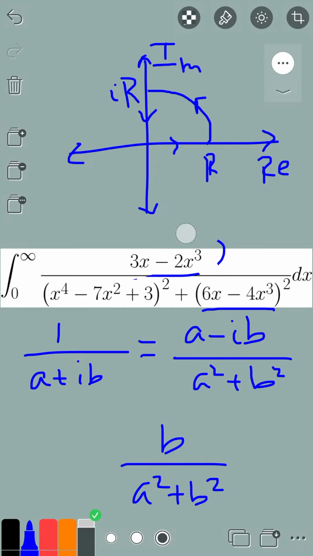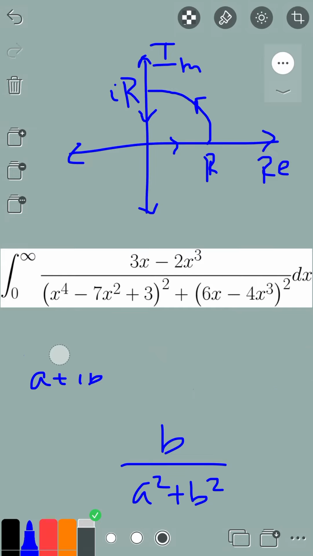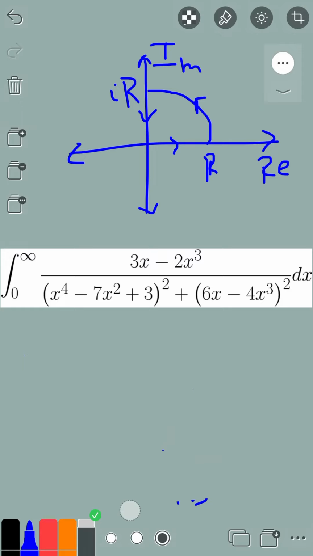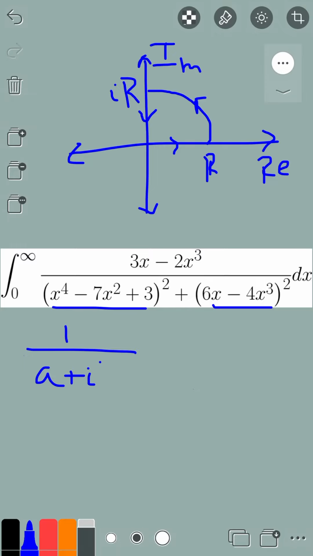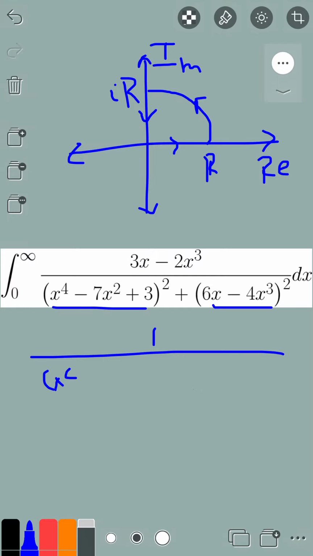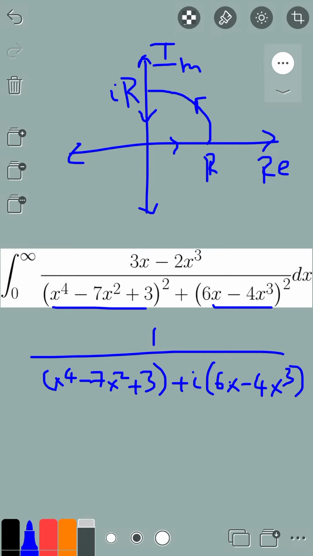That's why let's consider something of the form 1 over a plus ib. Again, a is this and b is this. So that is 1 over x to the fourth minus 7x squared plus 3 plus ib, where b is 6x minus 4x cubed.